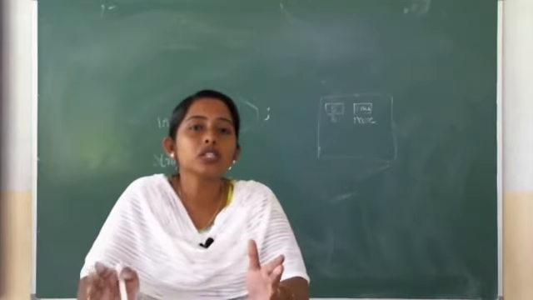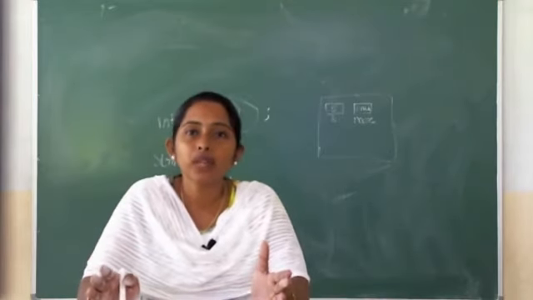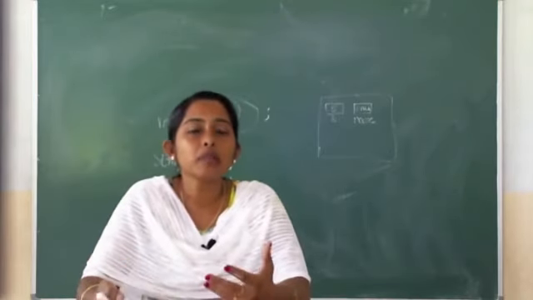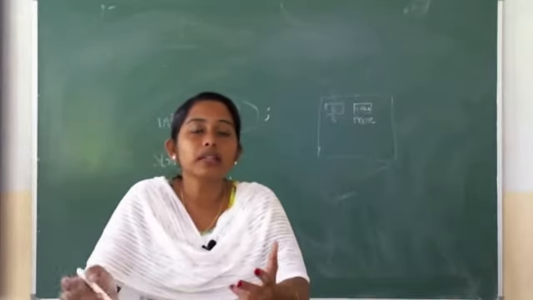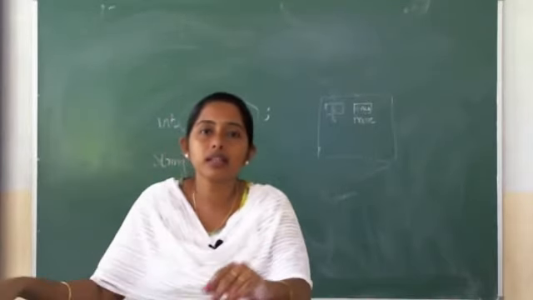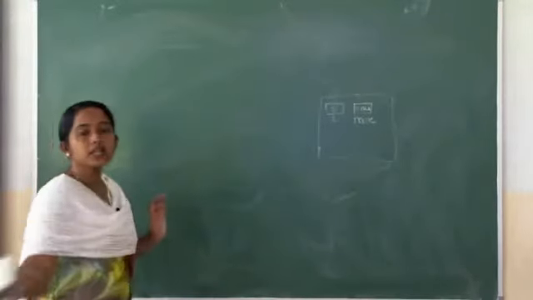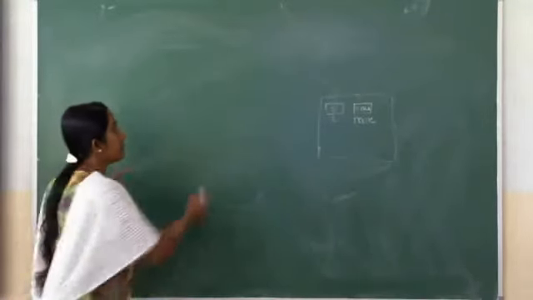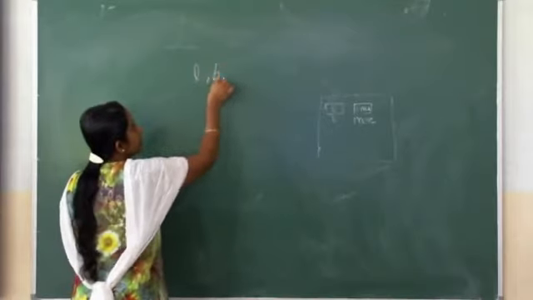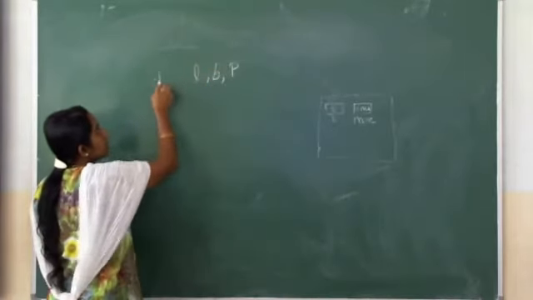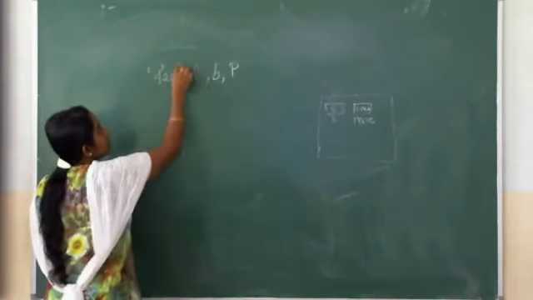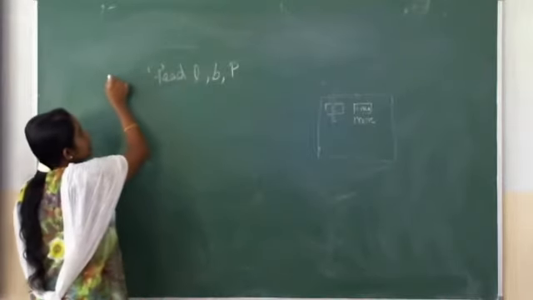Those memory locations we have to read. So to find out the perimeter, I told you length, breadth and P are needed, isn't it? For finding the perimeter, we need length, breadth, perimeter. So while writing the algorithm, we wrote read L B P as step 2.